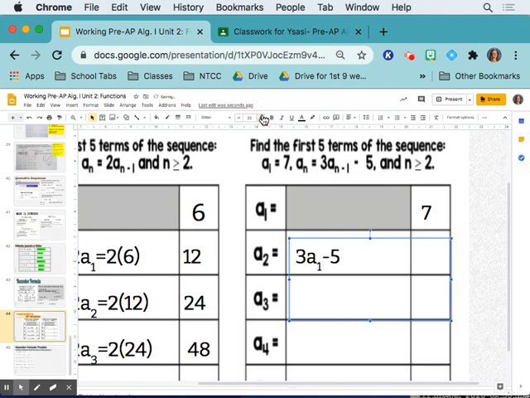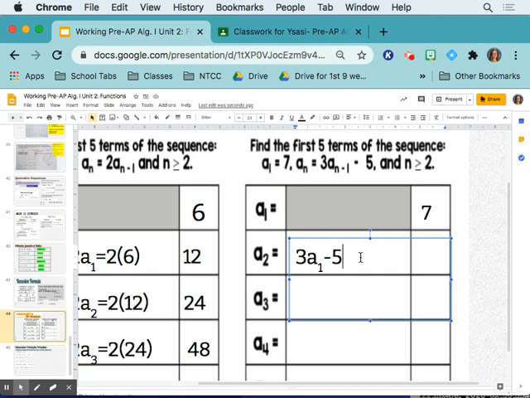I thought you always multiplied by 2. No, look at the formula. This is a different recursive formula. You multiply by 3 and then minus 5.